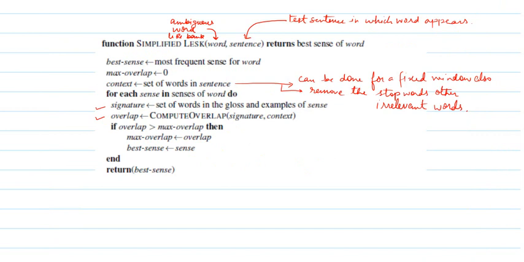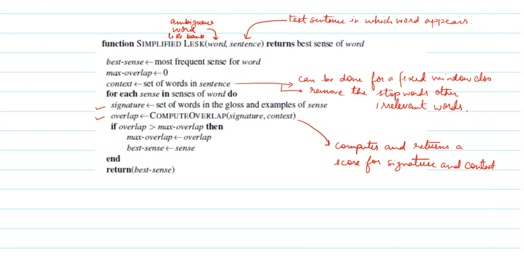So we have a function that is called compute overlap. This computes and returns a score for signature and context.